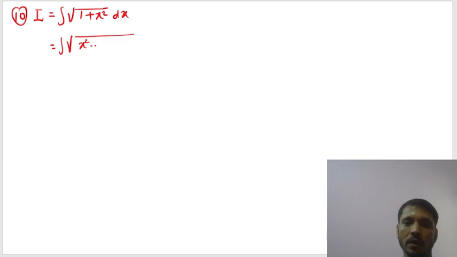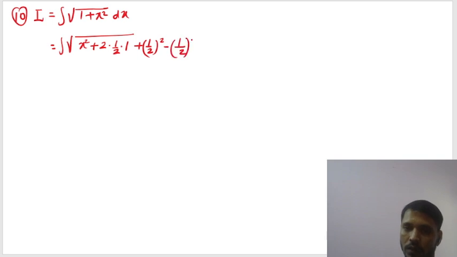That means x square, this can be multiplied with 2 and then divided by 2 and then again 1. So it is overall nothing but 1 only. That means here we need to add and subtract 1 by 2 whole square, just we need to do here, and then dx will be as it is.